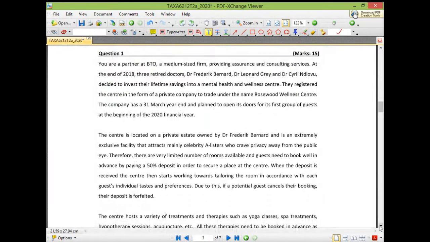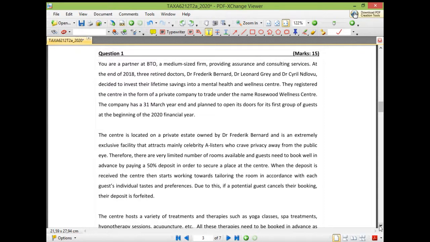They tell you you are a part of VTO, a medium-sized firm providing insurance and consulting services. At the end of 2018, 3 retired doctors decided to invest their lifetime savings into a mental health and wellness center. The center is registered in the form of a private company to trade under the name Rosewood Wellness Center.